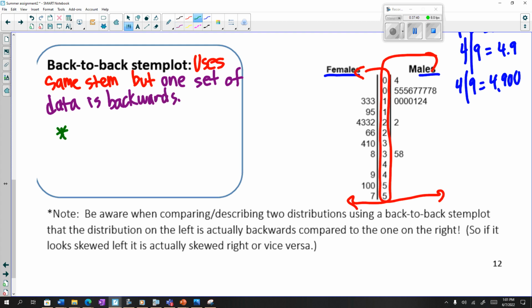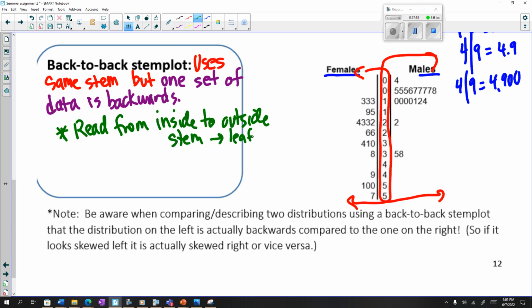I'm going to write down: read it from inside to outside, aka from stem to leaf, either way, depending on if it's left to right or right to left, okay?